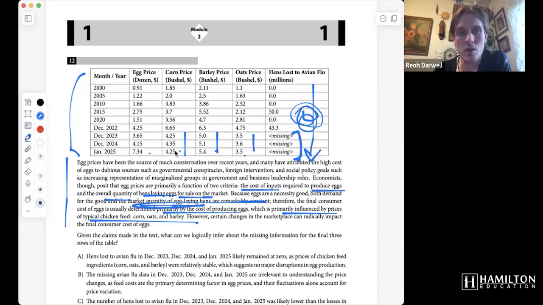The cost of producing eggs, corn, barley, and oats, is unchanging really from December 2023 to January 2025. So that does not change significantly. However, price changes significantly in that time frame. That means one of our variables, which determines price, is unchanged. That means the other variable, which can impact price, must be significantly changed.